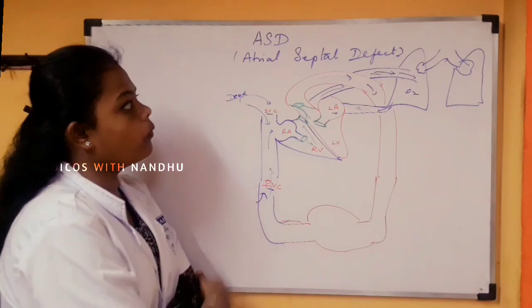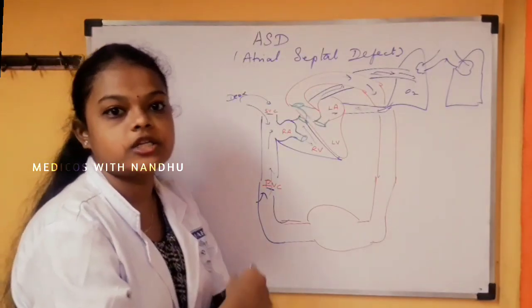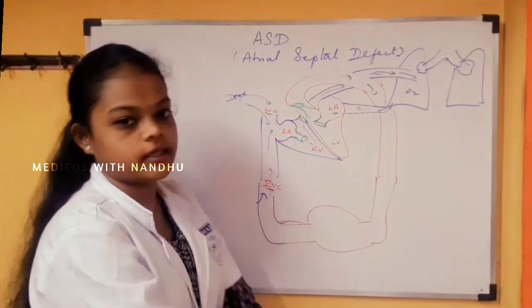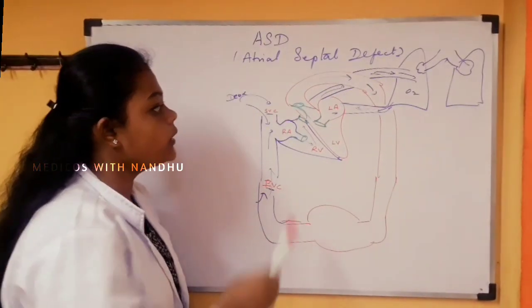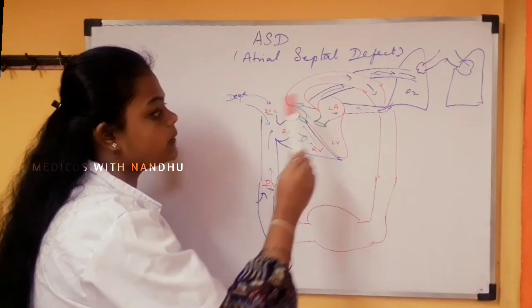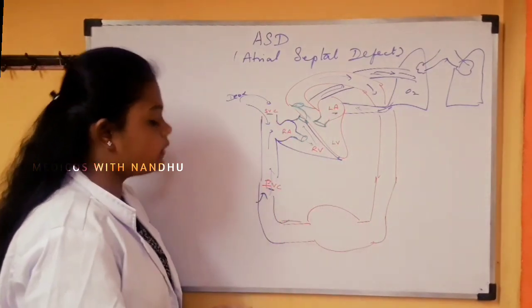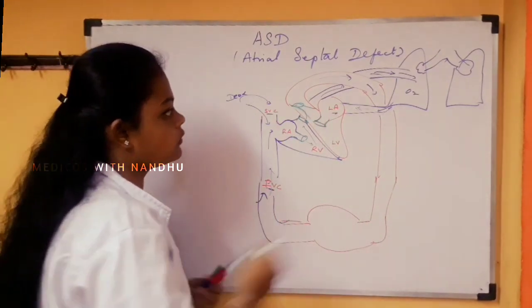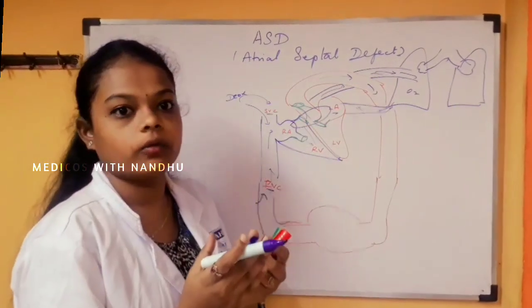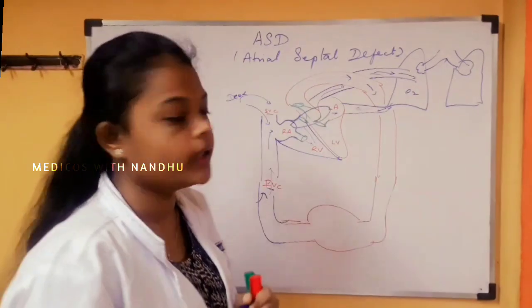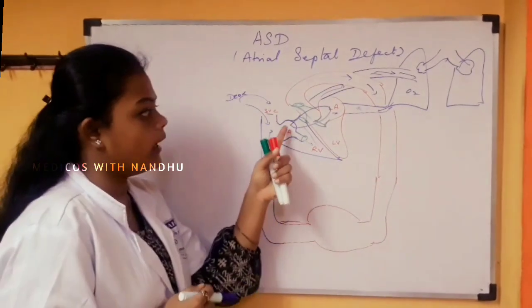So now, what is ASD? What is atrial septal defect? This was the normal circulation. In atrial septal defect, between the left atrium and the right atrium there will be an opening, a defect, which is known as a shunt.